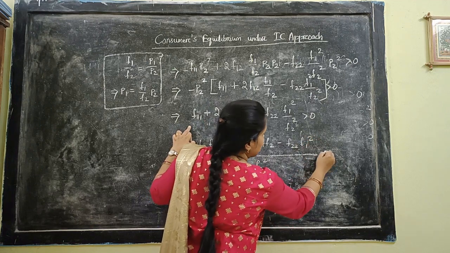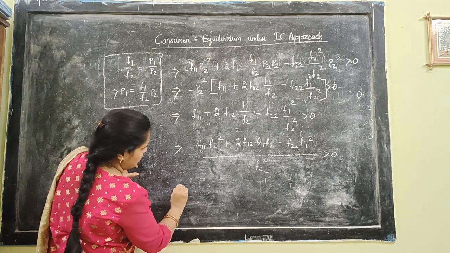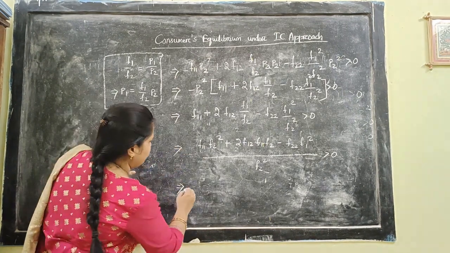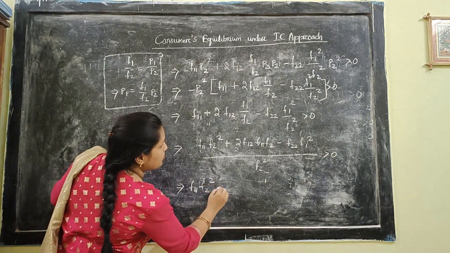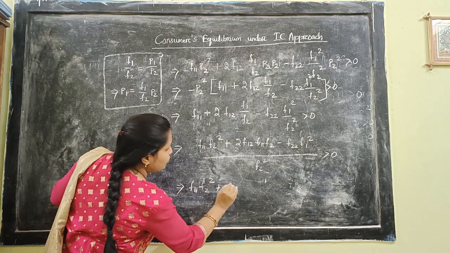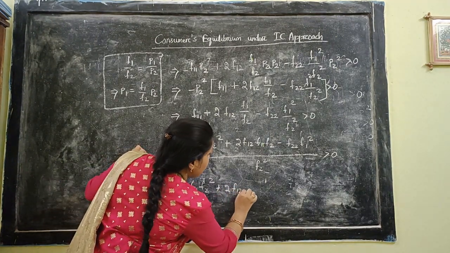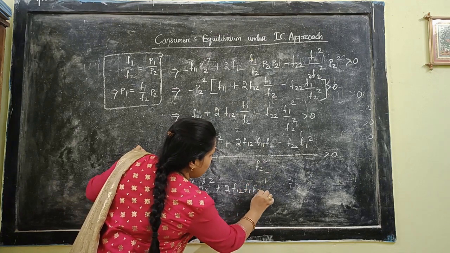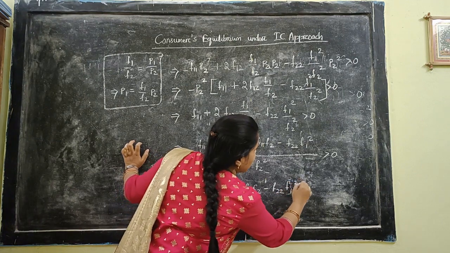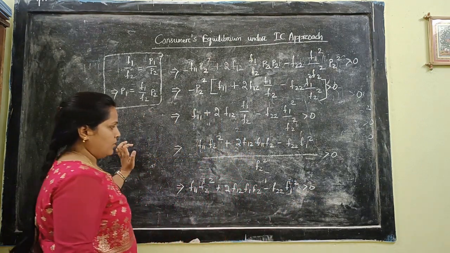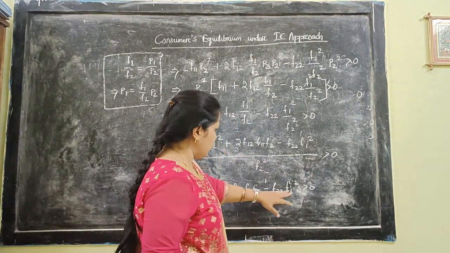This has to be greater than 0. What this implies is F11 F2 square plus 2 F12 F1 F2 minus F22 F1 square should be greater than 0, right? I have just taken this to this side, so it will be greater than 0.